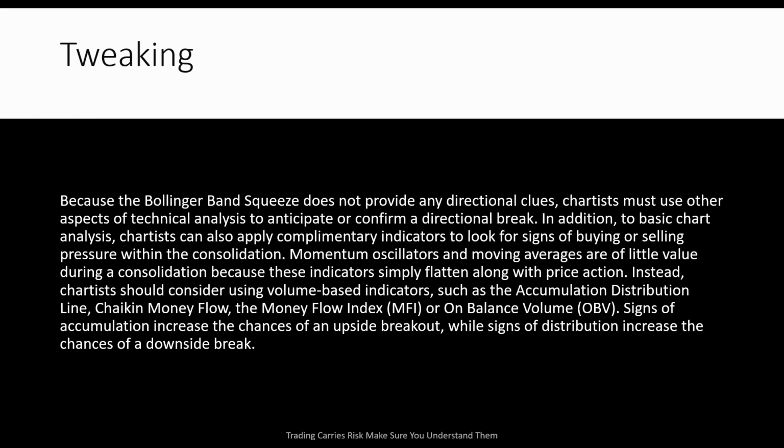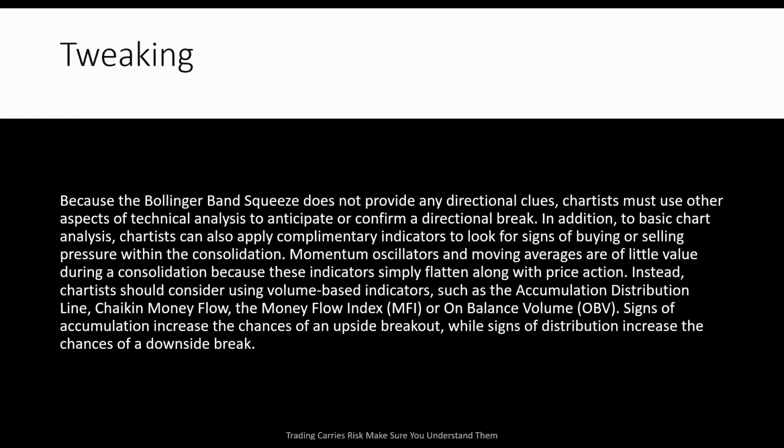Now, because the Bollinger Band squeeze does not provide any directional clues, chartists must use other aspects of technical analysis to anticipate and confirm the directional break. In addition to basic chart analysis, chartists can also apply complementary indicators to look for a sign of buying or selling pressure. In other words, we can look for a jump in momentum or a jump in volume.